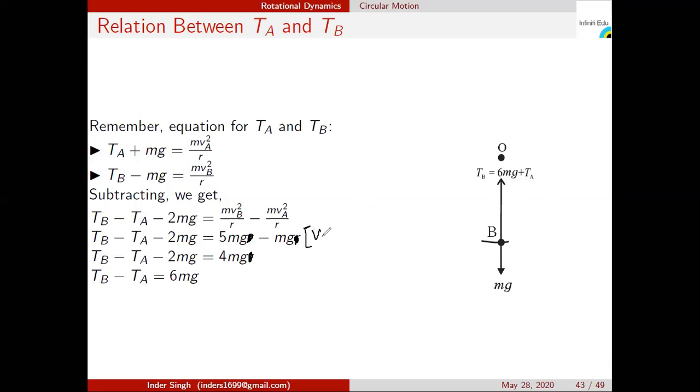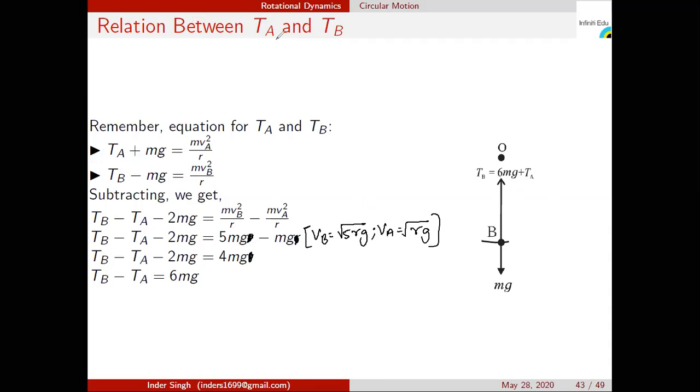We can write vb equal to under root of 5 rg, and va equal to under root of rg. Okay, so we can write these two things. This is the question: derive the relation between tension at the bottom position and the top position. So write this answer.